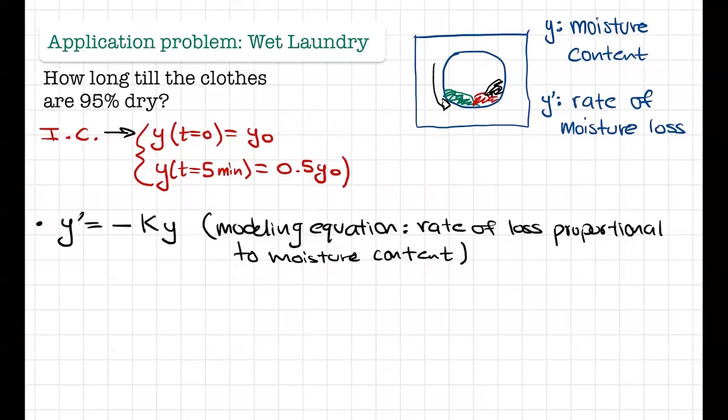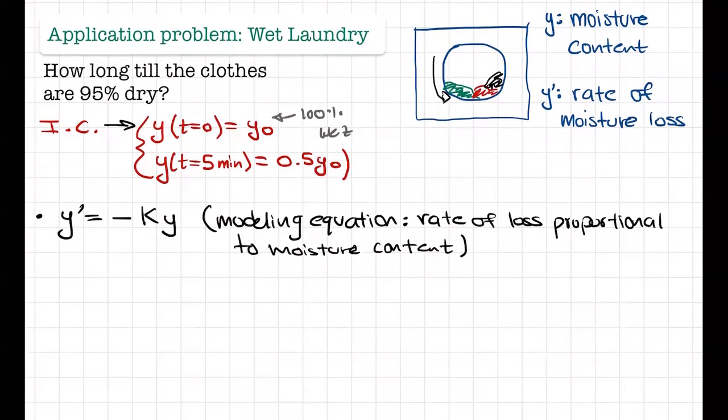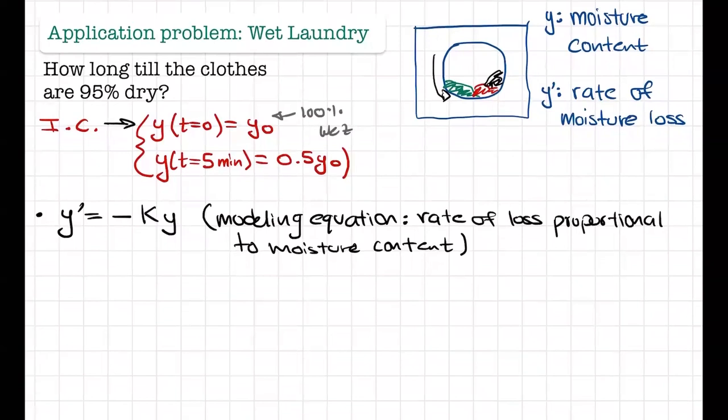In this case, we have the initial conditions. We know that at the beginning, when time is 0, the amount of wetness is equal to 100% wet, or 100% moisture content. And then after 5 minutes, it's 50% of that. And we're using this equation to model this.